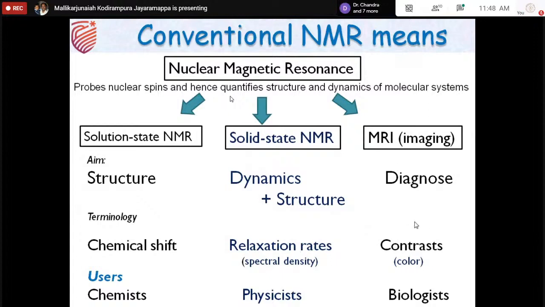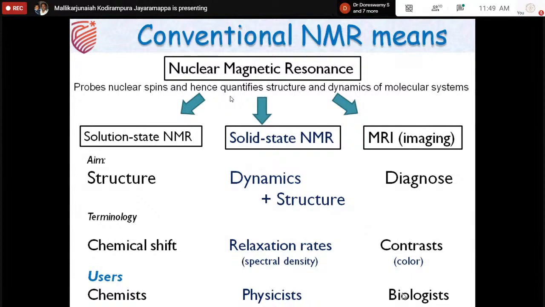And what do they use? They use some color contrasting agent to manipulate the relaxation times when they record the NMR spectrum of the human body or any other animal body. This is mostly used by biologists. But all of you would have heard about interdisciplinary or multidisciplinary research.